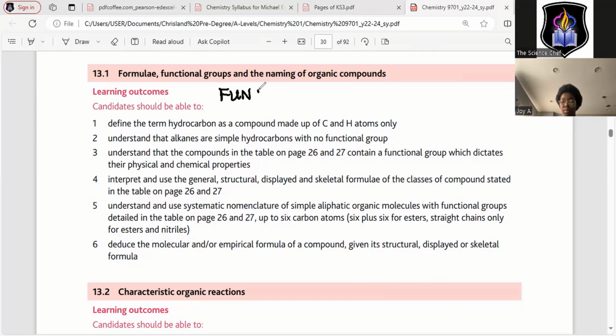Functional group. And what's a functional group?